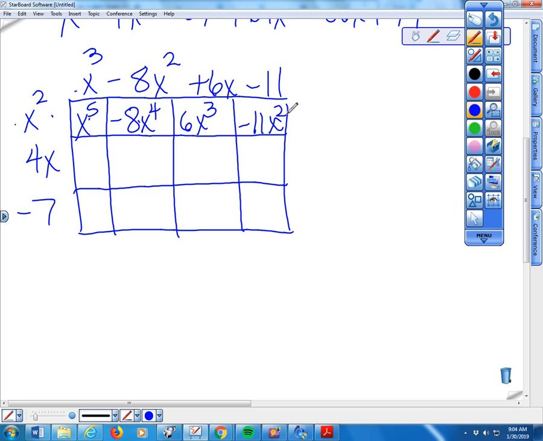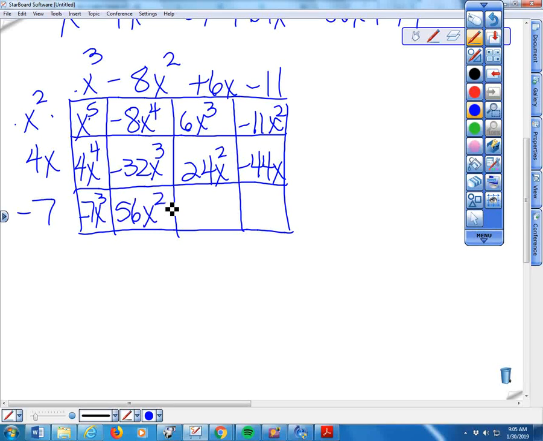And then I'm going to do the same thing with the second row. 4x times x cubed is 4x to the 4th. 4x times negative 8x squared, negative 32x cubed. 4x times 6x, 24x squared, and then minus 44x. And then the last one, negative 7x cubed plus 56x squared minus 42x, and then plus 77.